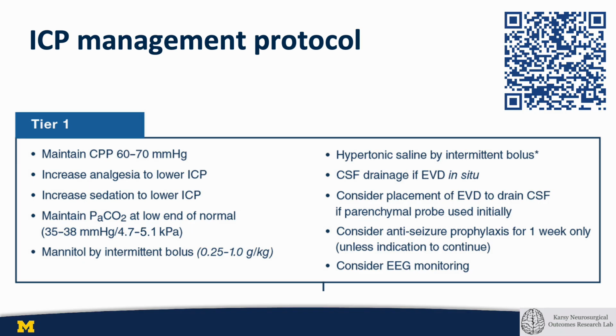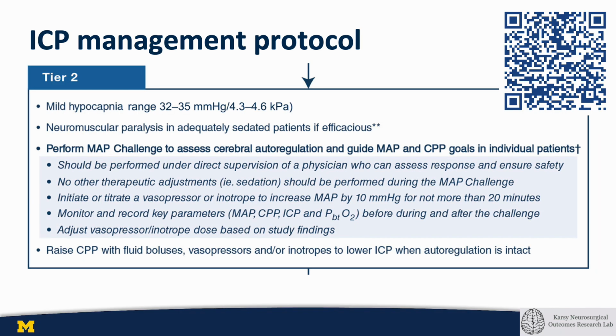If this is not successful and patients continue to have ICP elevations, the next step in the tier involves evaluating for hypercapnia and maintaining a CO2 between 32 and 35, and performing neuromuscular paralysis. This idea of a MAP challenge is more relegated to a neurocritical care setting, where you have an intensive care provider who is trained and knowledgeable in how to do this.